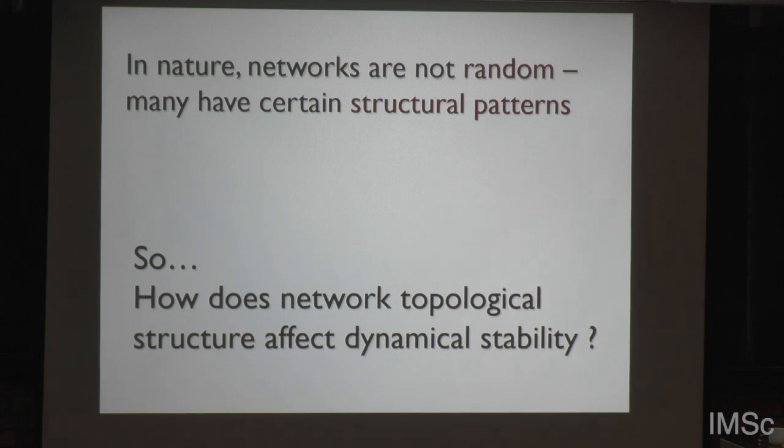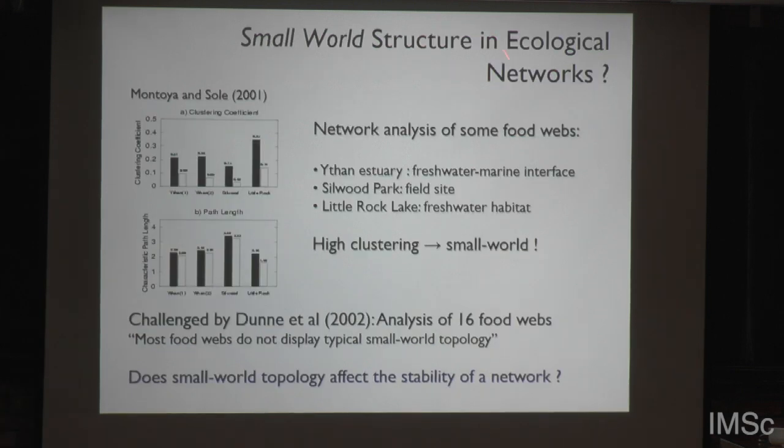But once you had all these other kinds of models coming up, like small world network, scale-free network, then people started jumping into the fray and asking, do you have evidence for these kinds of structures in the ecological systems? So in 2001, Jose Montoya and Ricard Solé did analysis of several food webs and claimed that they were showing evidence of small world, in particular high clustering.